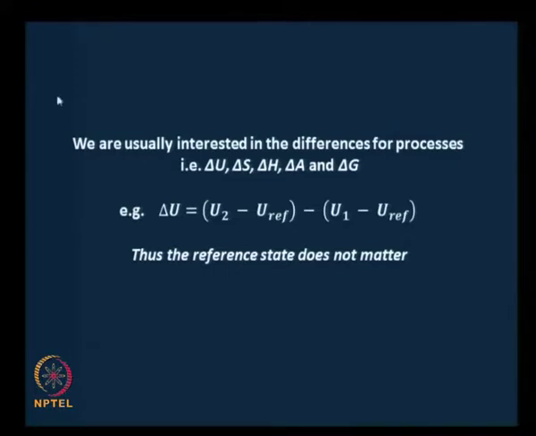For example, delta U would be the value at the final state, U2 minus U reference, taking the reference value along, and the value at the initial state or state 1 is U1 minus U reference. If you take this value, it becomes U2 minus U1 anyway, the U reference values get cancelled out. Therefore it does not really matter what reference value you choose, but for any of the values at any point to make sense you need a reference value. In fact, you need to know where it has been assigned the value 0.